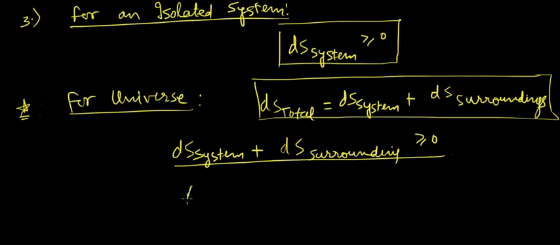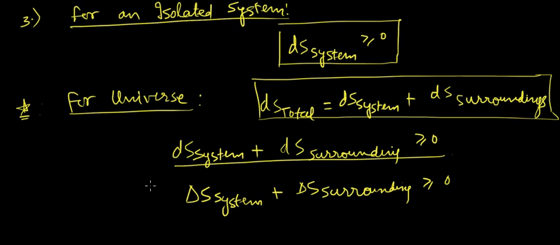In other words, we can write delta S system plus delta S surrounding would be greater than or equal to 0.